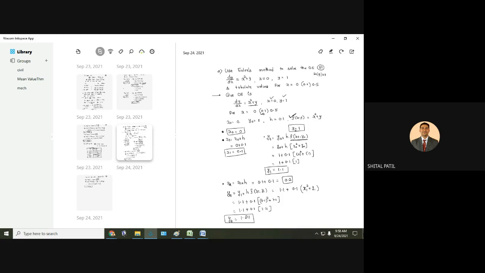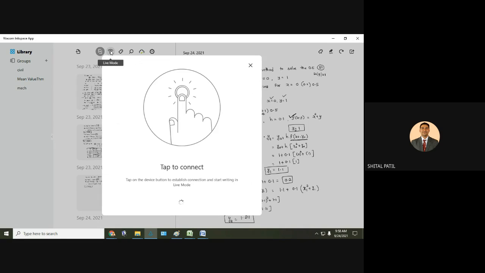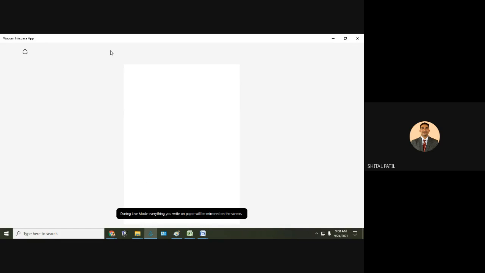So next page. Now we want to find x3, y3. Right, x2 equal to 0.2, y2 equal to 1.211, f of x, y equal to x square plus y.